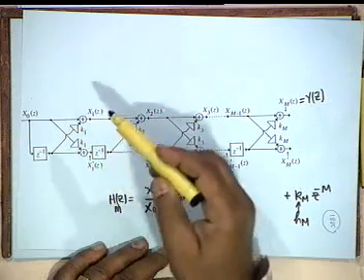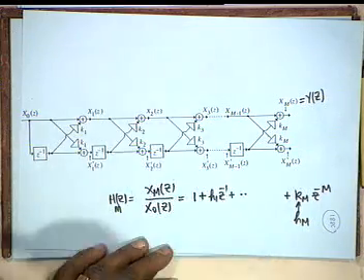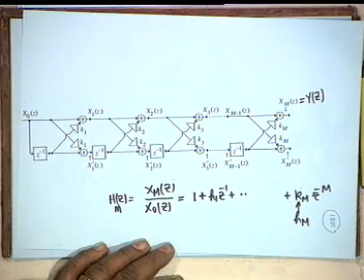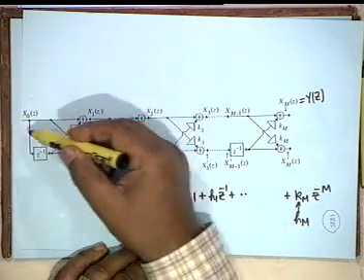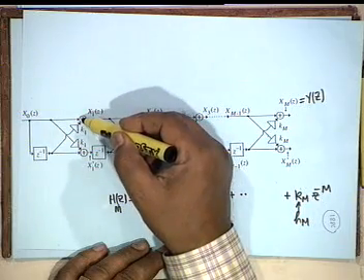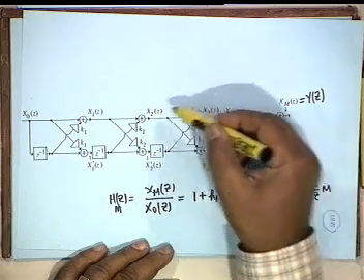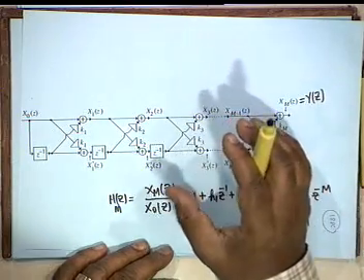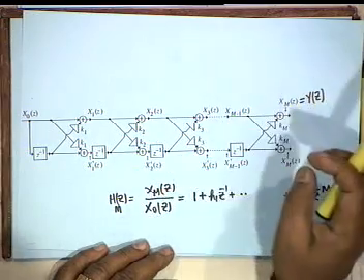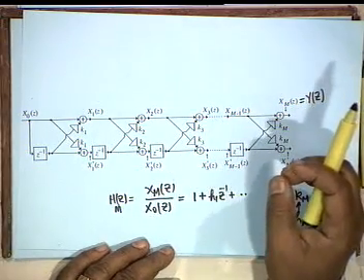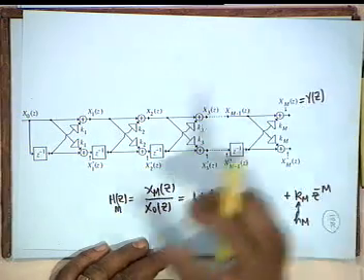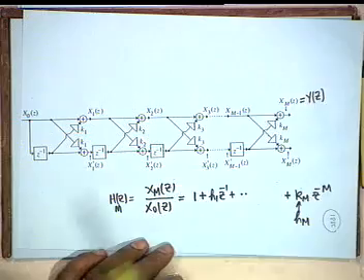The transfer function between X0 and X1 is not 1, because one comes straight, the other comes like this. So, these transfer functions H1, H2, etcetera are also useful. In fact, you get twice M number of different transfer functions. It is a multifunction.